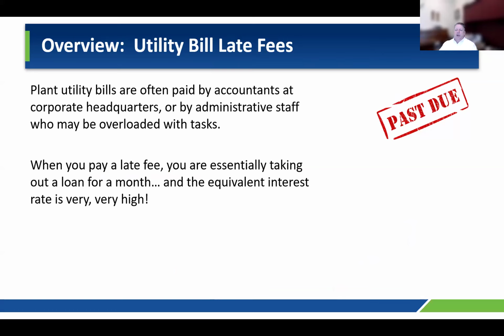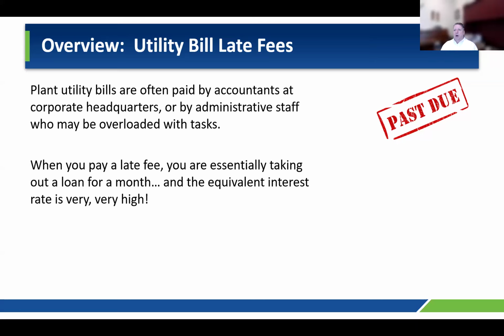Second, often at large facilities, the utility bills are paid by corporate headquarters, or perhaps an accounting department that may be removed a bit from the plant manager and his office. So what can happen is occasionally a utility bill may be paid a little bit late, even a day or two late.